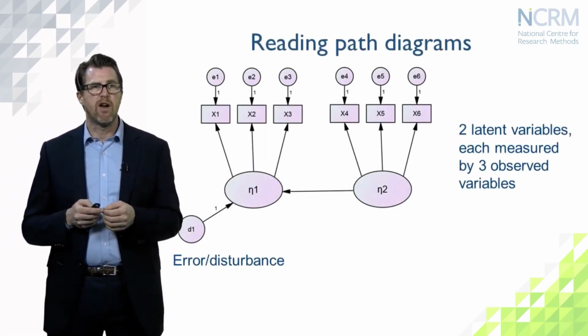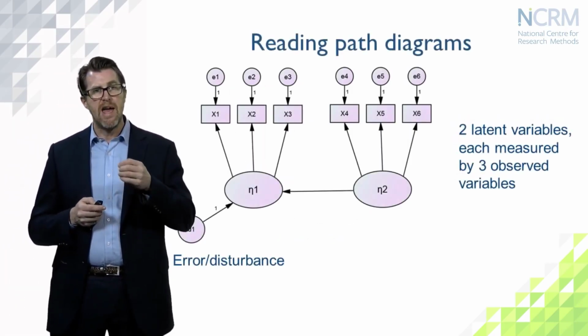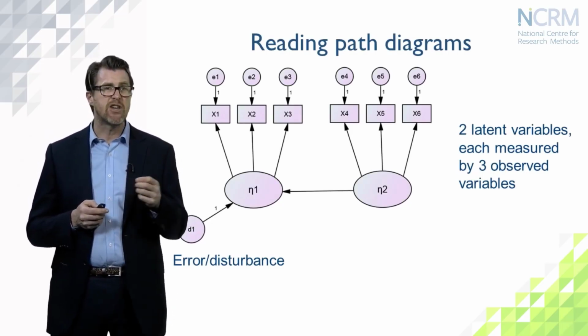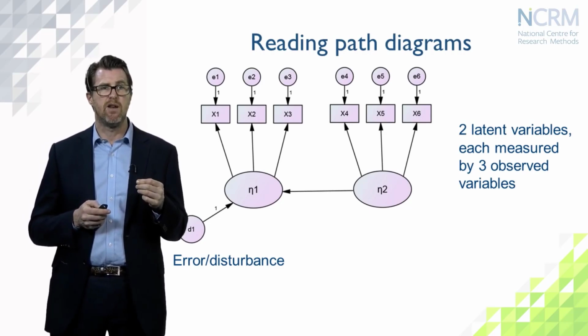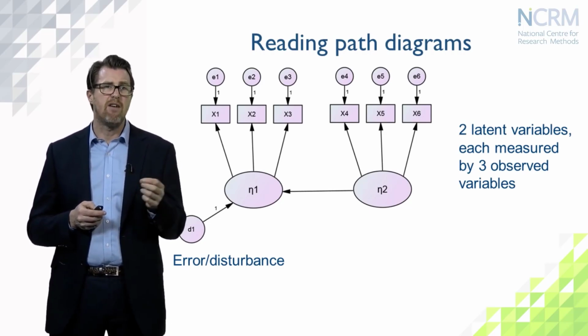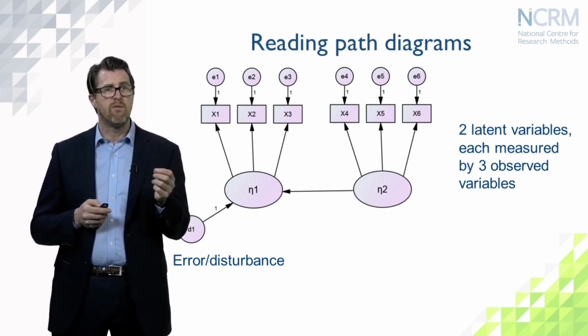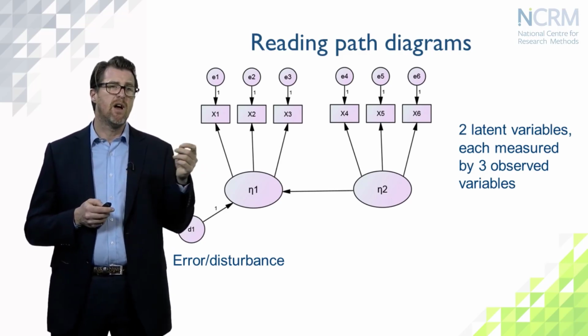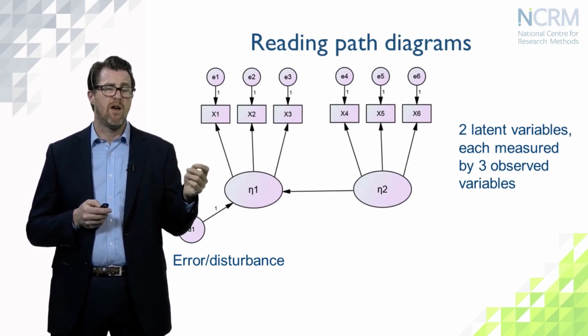In this path diagram, we've now introduced a theoretical statement about the direction of the relationship between eta1 and eta2. So we no longer have this curved arrow, but we have a straight line with an arrow at one end. So what we're saying here is that eta2 is a cause of eta1.